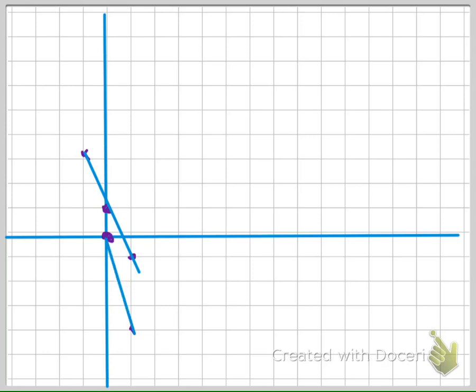Right now these two lines are not showing you where they're intersecting. So what you want to do is take this line down another using your slope. Here the slope for this line was down 2 and over 1. Let's take it another 2, down 2 and over 1. Oops, wrong color.